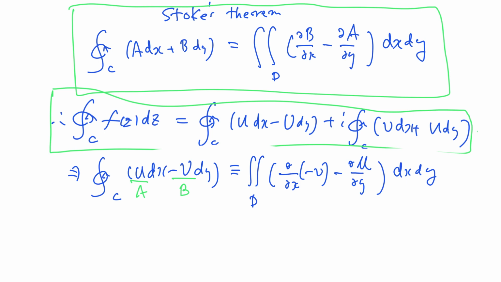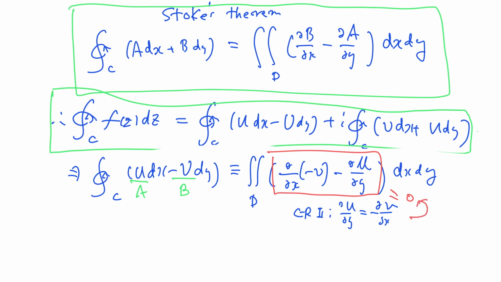Now, according to the Cauchy-Riemann condition, partial u over partial y is minus partial v over partial x, right? So this whole thing is 0, right? Because of this. Our second integral, v dx plus u dy.